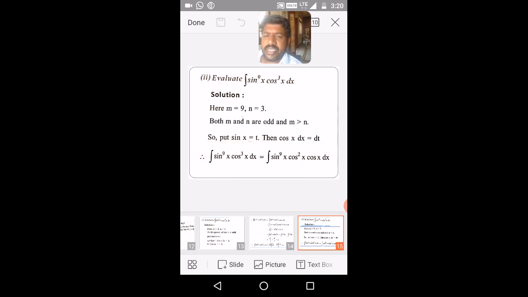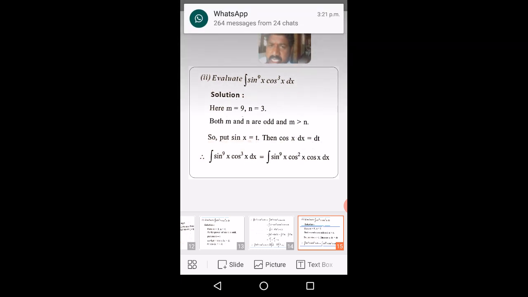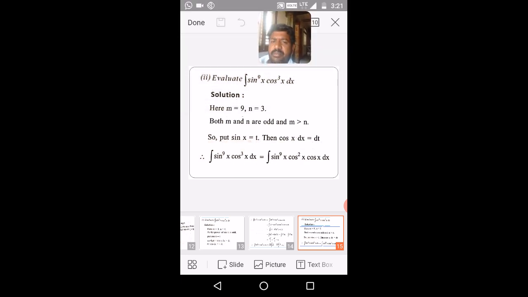That is, m equal to 9 and n equal to 3, after comparison with sin^m x and cos^n x. Here 9 and 3 are both odd powers, and 9 is greater than 3, that is m greater than n. That means the sin x function has a higher power than the cos x function. Therefore the function having the higher power should be substituted with t.